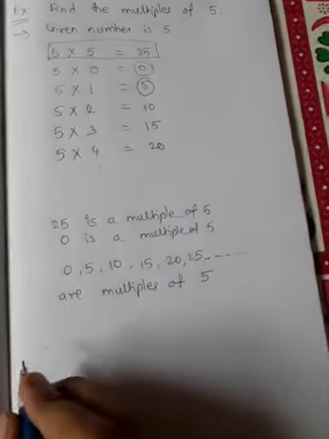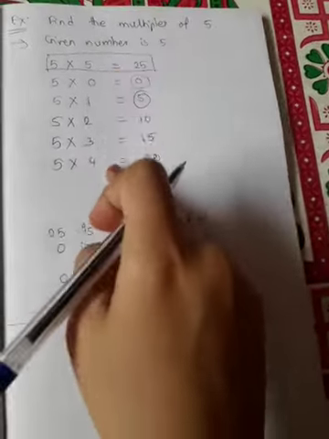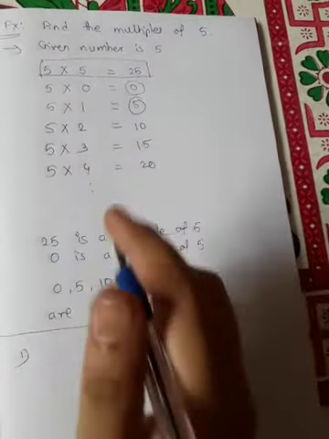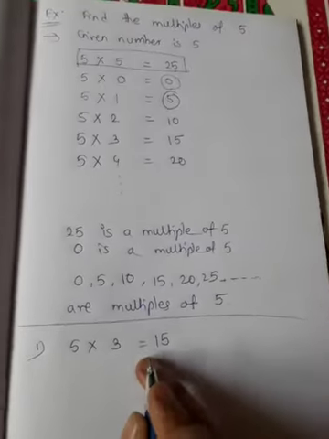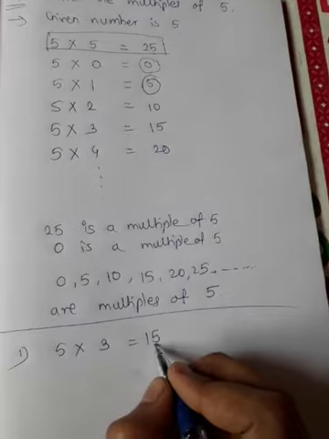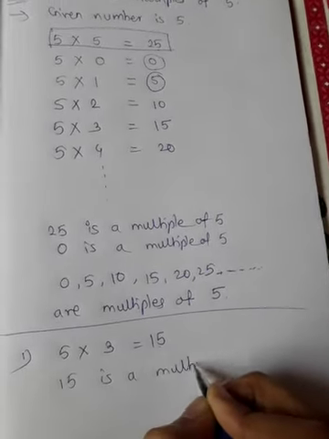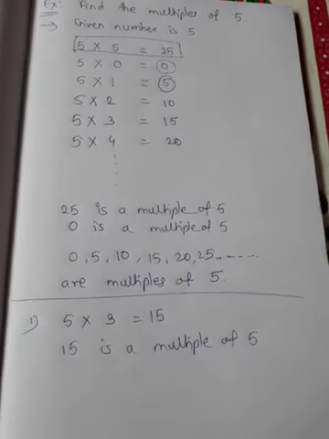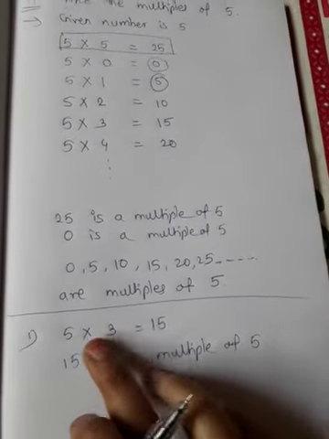Before that, I wanted to tell you that suppose from this list I take one expression, that is 5 into 3 is equal to 15. In the above example we said that 15 is a multiple of 5, because when we multiply 5 by 3 we get 15.